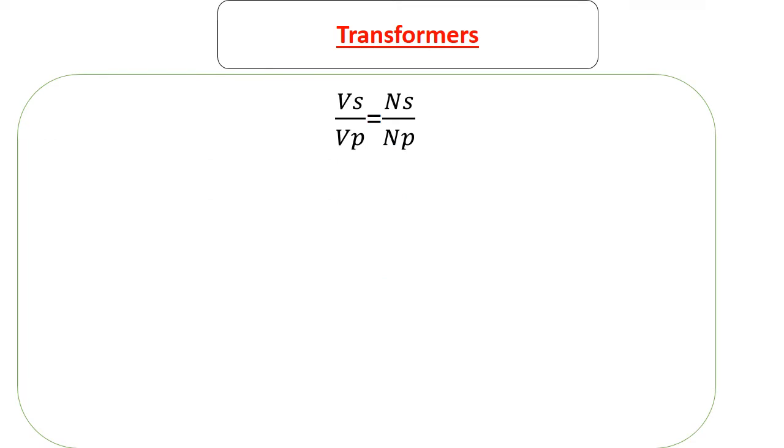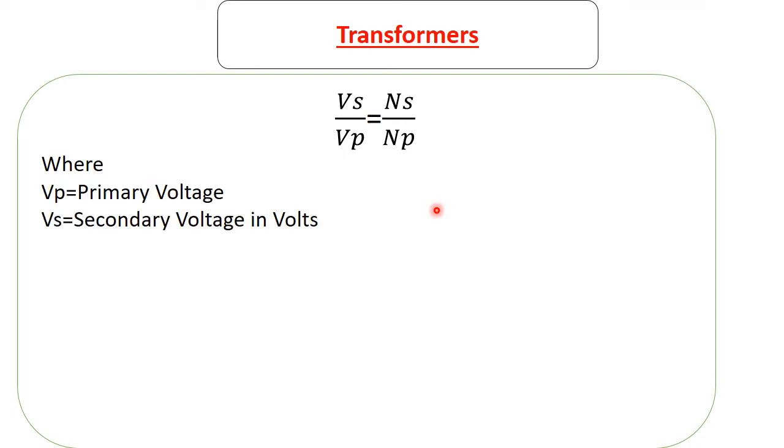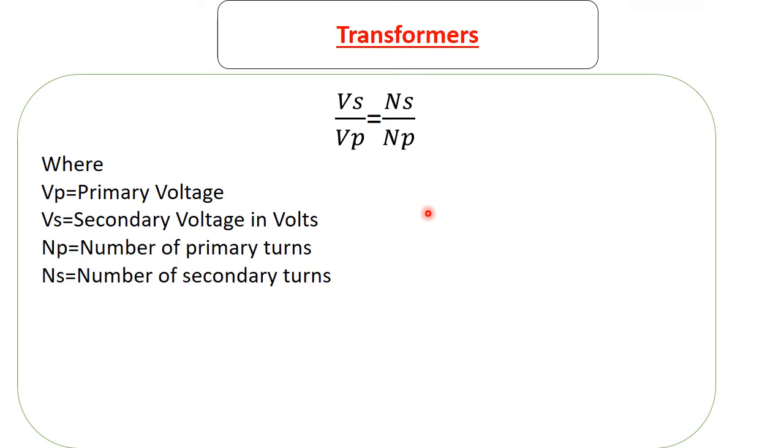So this is the equation we use to determine the value of the voltage in the secondary coil. VP here is primary voltage, and VS is secondary voltage, all measured in volts. NP is the number of primary turns, and NS is the number of secondary turns.